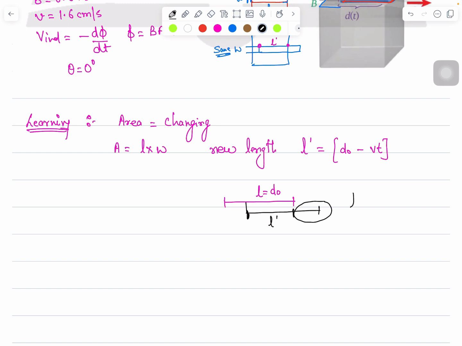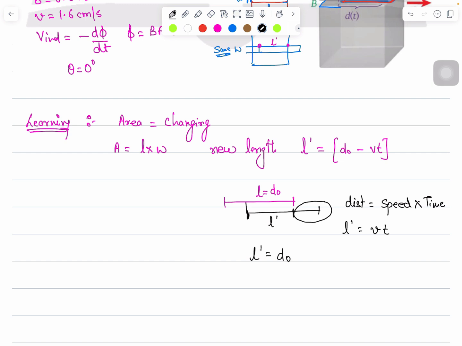Can I say length? Generally, the formula of distance. What is the formula of distance? Distance is equal to speed multiply time. Yes or no? Okay. So can I say this is equal to speed, velocity multiply time. So what is the total value? Can I say L dash is equal to D naught?